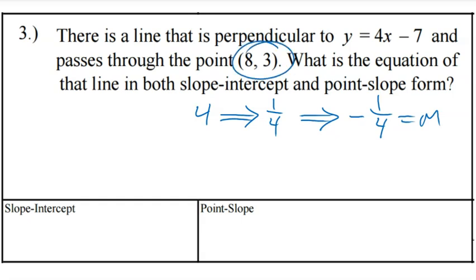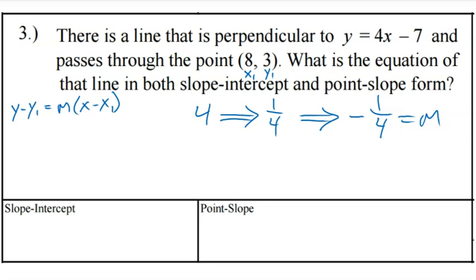Now we have this point (8, 3). So the x value is 8, we'll call that x1, and the y value is 3, we'll call that y1. Once again, we want point-slope form and slope-intercept form. Point-slope form is going to take the form y minus y1 is equal to m times x minus x1.